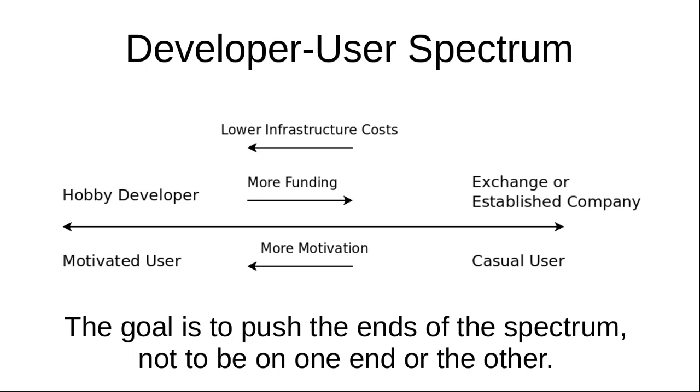And as we push it out to the right, so that we bring in more established companies and more exchanges, and we make it available to more casual users, we're increasing our network effects. And so the goal is not to be on the spectrum. Well, the goal is to be on the spectrum, but the goal is not necessarily to be in any position on the spectrum. The goal as a community is really to push the edges and make the spectrum bigger.